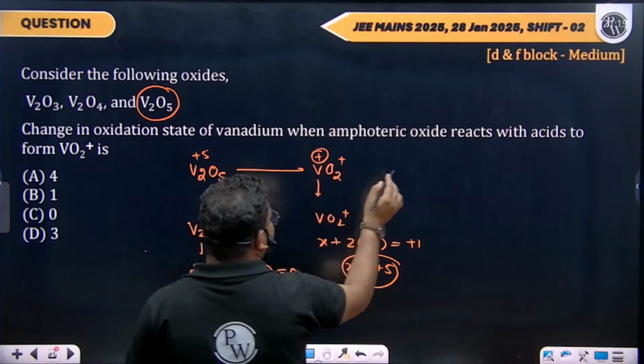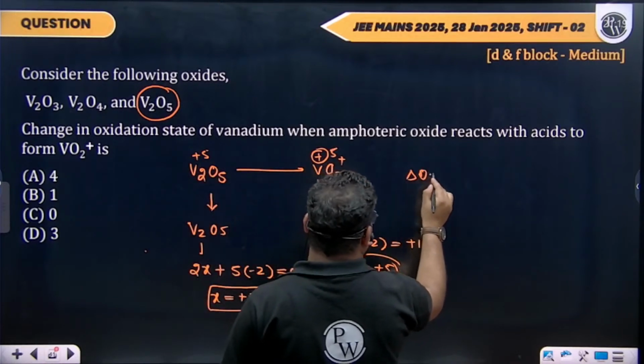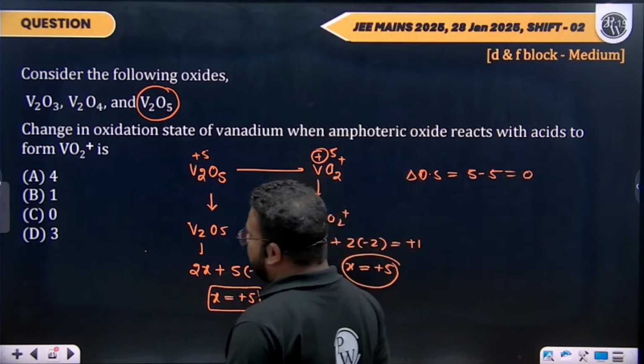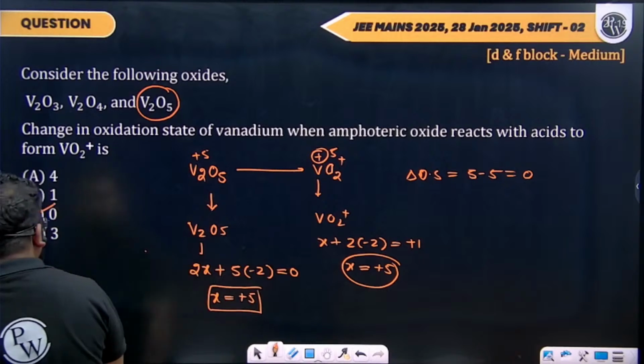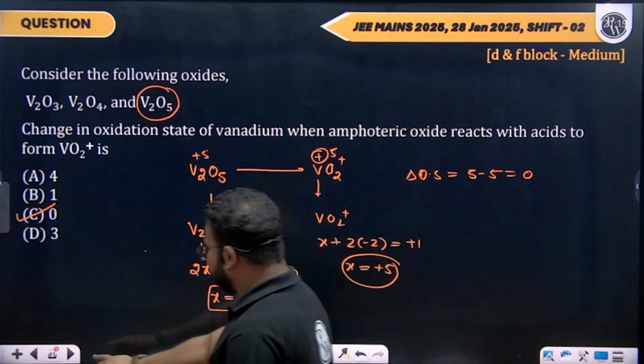So the change will be 0. So option C will be correct. This was an easy question.